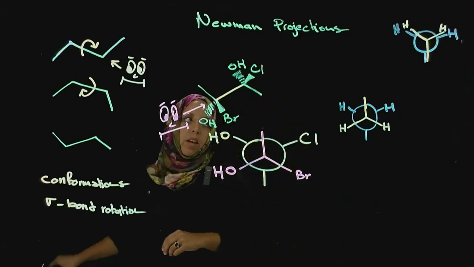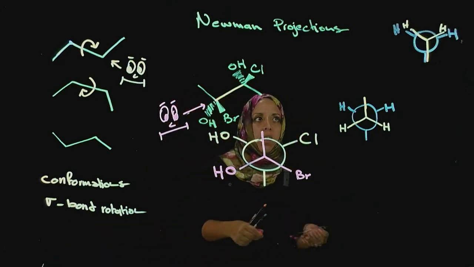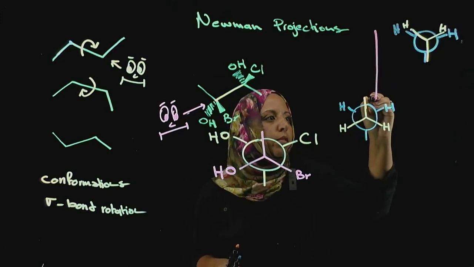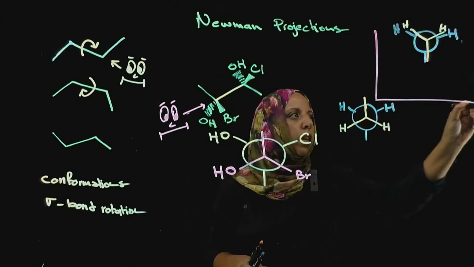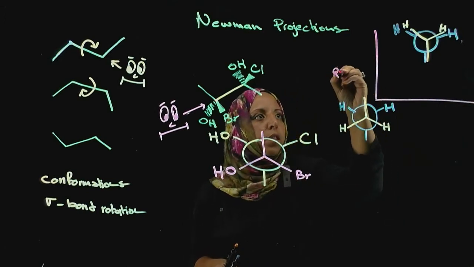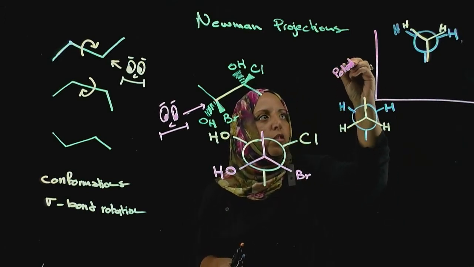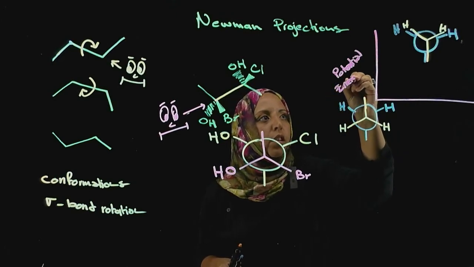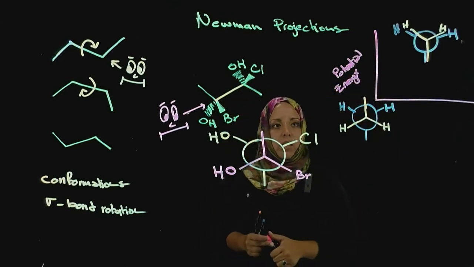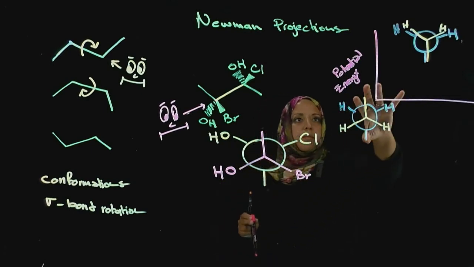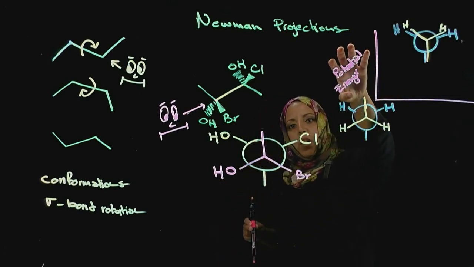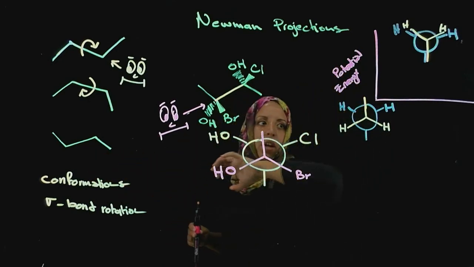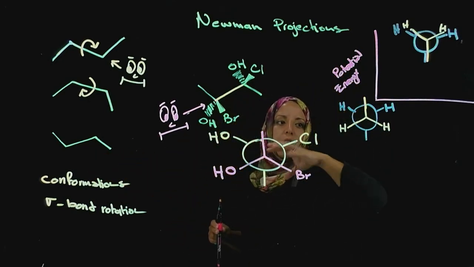Well, we could think about it in terms of the overall energy as we rotate, right? So we could think about it in terms of the potential energy associated with that rotation. If you recall, potential energy is associated with the position of something or with the conformation, right? Think about it in terms of the steric interactions.